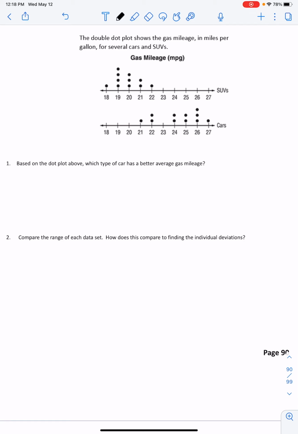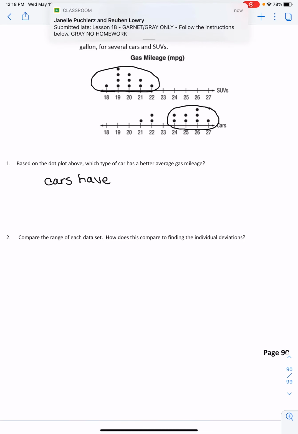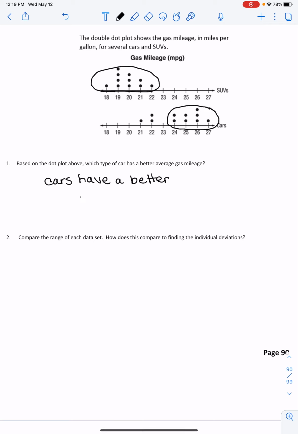Well, as you can see, notice here and here, more of the dots fall higher for the cars than the SUVs, which means that the cars have a better gas mileage.